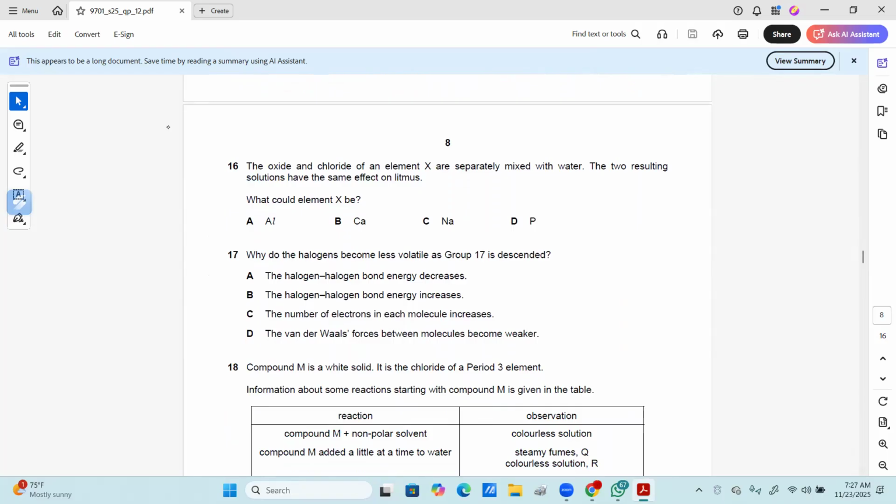16. The oxide and chloride of an element X are separately mixed with water. So X with oxygen, but we don't know the charge, right? The two resulting solutions have the same effect on litmus. Okay, so that means it should be amphoteric to react with an acid and a base.